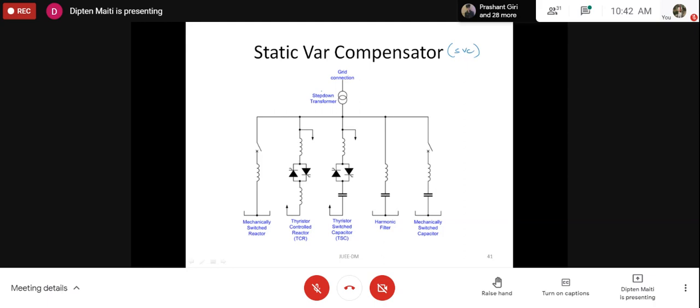Nowadays static Var compensators can be connected directly to the transmission line, maybe, if I remember properly, to 33 kV directly and 132 kV. I actually don't remember. So a static Var compensator need not have the step down transformer.